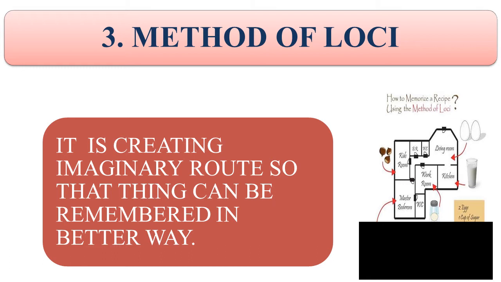By using this method, a person with average intelligence can also form a route of things in such a way that the person can remember associated images for long periods. Loci literally means location or place.